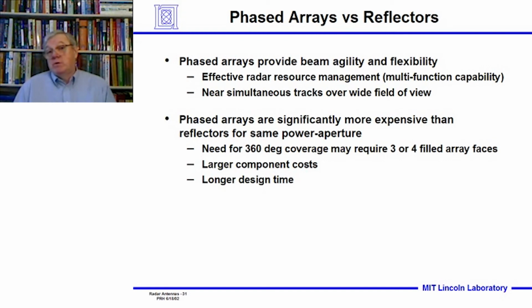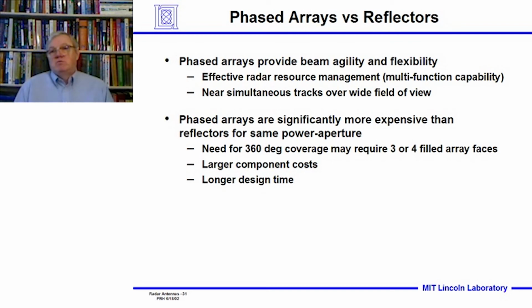There's a larger component cost. I alluded to it earlier, no, not yet, it's in a later lecture, the transmitter lecture, and you'll see that the cost per element can be quite high when you add up getting the same power aperture product out of one big transmitter versus a lot of transmit-receive modules in a big phased array antenna. So they can be significantly more expensive. And it can be a longer design time, too.